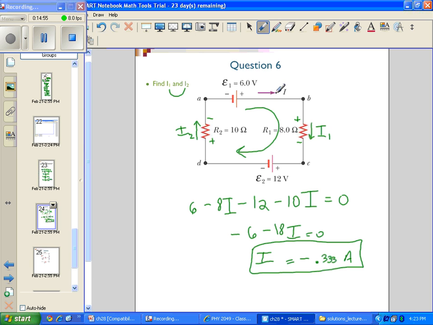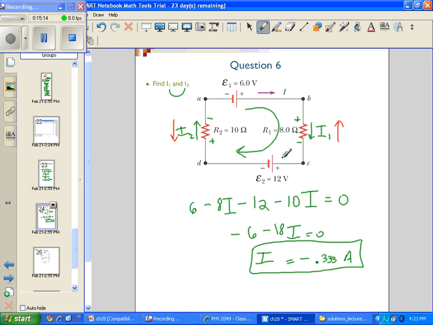In fact, the current flows through the circuit not downward across R1 and not upward across R2, but rather upward across R1 and downward across R2.